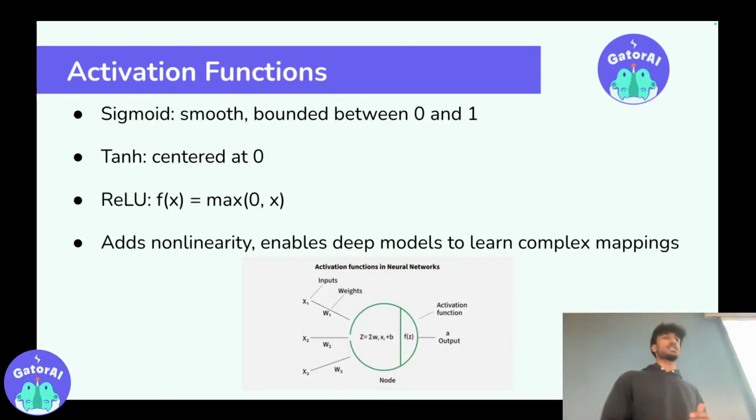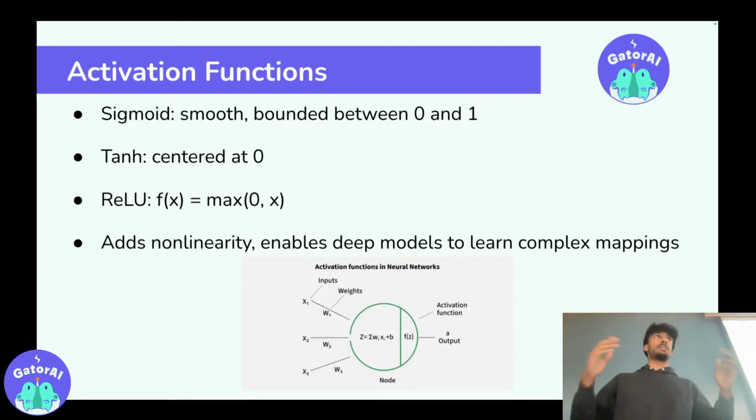Tanh is similar to sigmoid, but it's centered around 0. So if you have data with positive and negative values, you'd want to use tanh. And ReLU, rectified linear unit, I have the function there. It's super simple, but it's extremely effective.